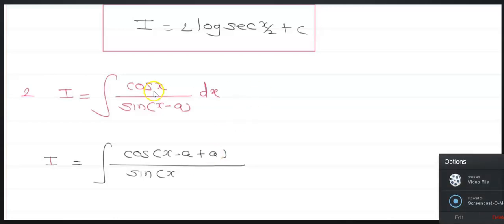Here is cos of x, and the denominator has the angle x minus a. Therefore, we will write the angle x as x minus a by adjusting plus a and minus a. Therefore, I had adjusted here I is equal to the integral of cos of (x minus a plus a). Now see this here.